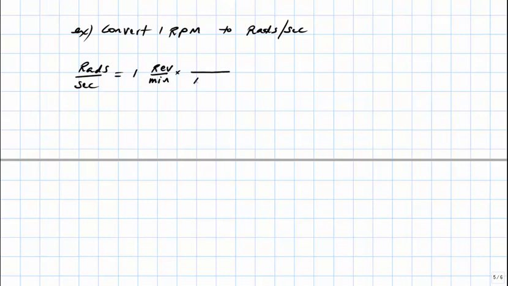Now we know that 1 revolution equals 2 pi radians. And we also know that 1 minute simply equals 60 seconds. If we enter these values into our calculator, the result is 0.1047.